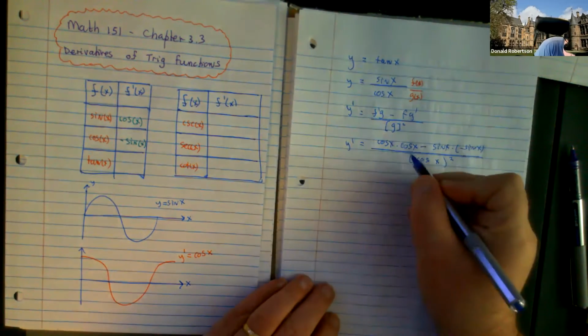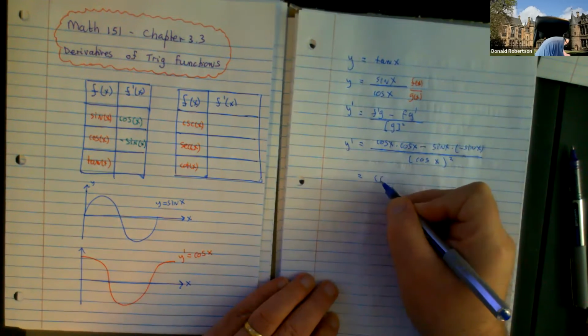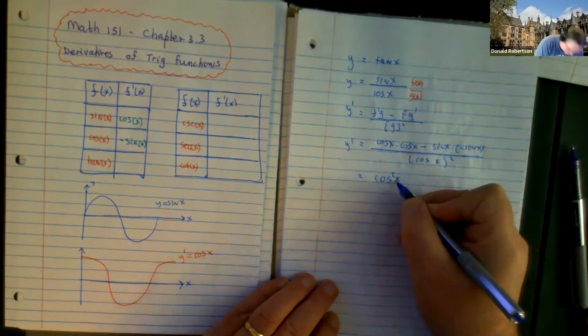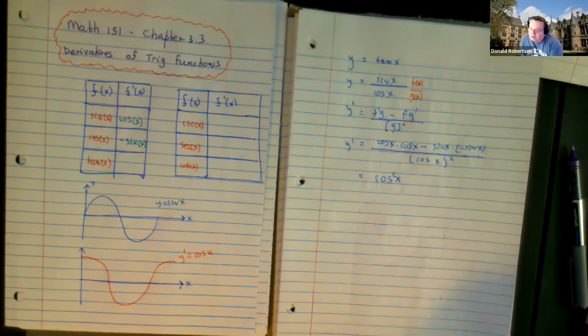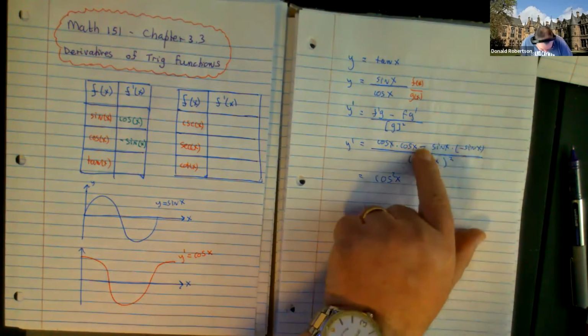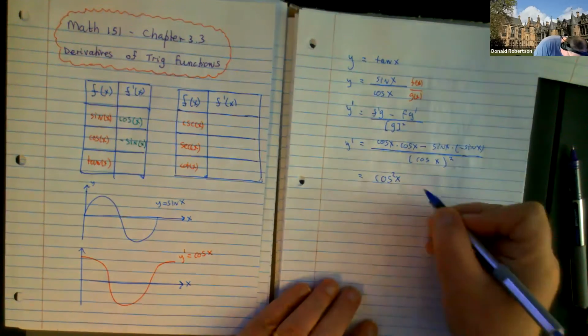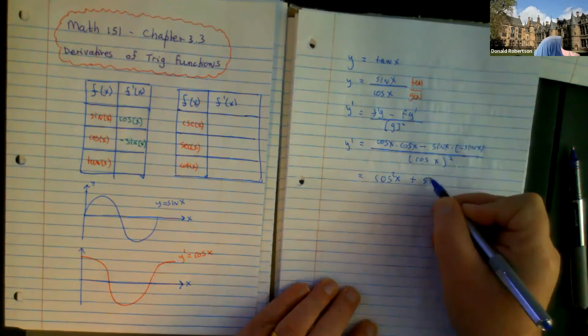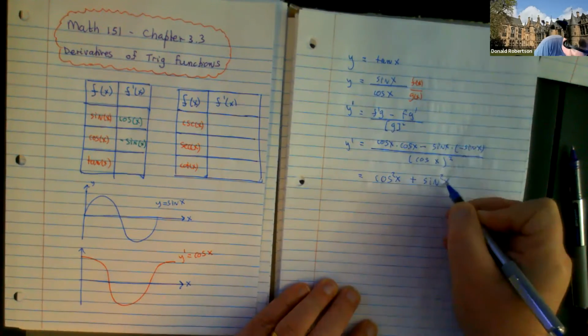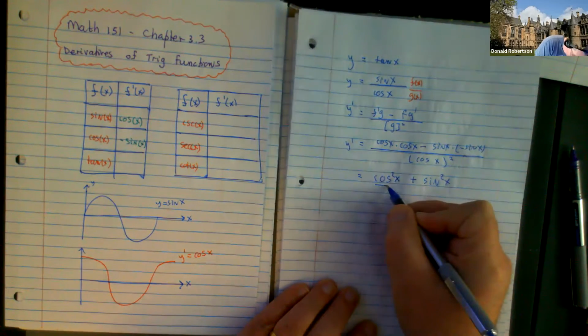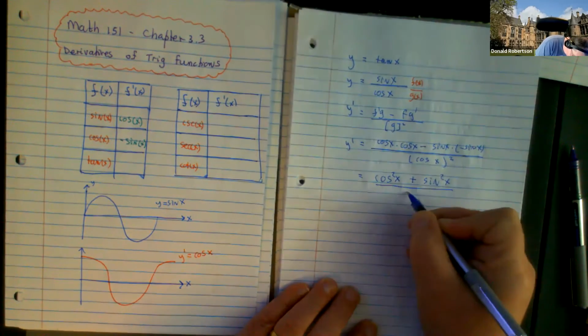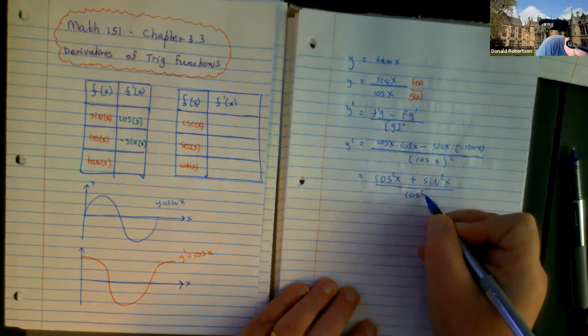Now, cosine x times cosine x is written as cos squared x. You all know that, right? That's how you write cos x times itself, cos squared x. And a negative sine x times another sine x gets you plus sine squared x. And the whole thing is going to be over cos squared x.